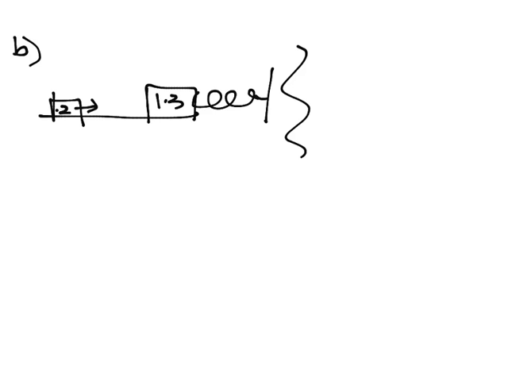The after picture, those two things are stuck together. Okay, the spring is acting on it, but at the instant that they hit, the spring hasn't been compressed, and so there's not yet an outside force.